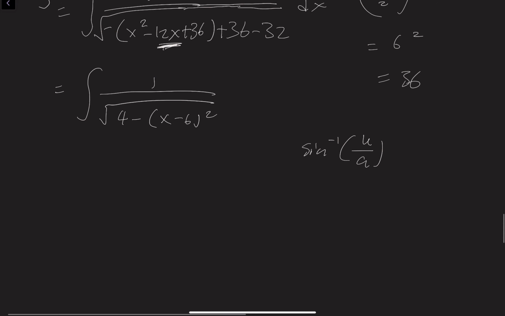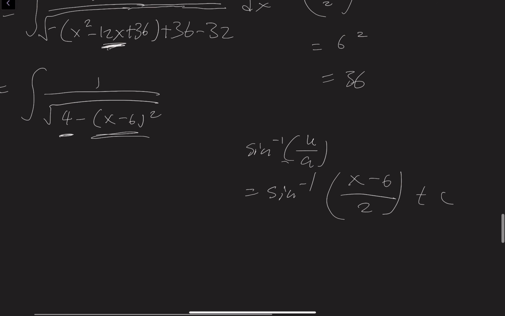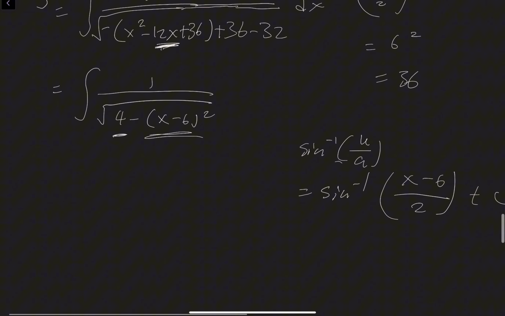But let's just use it first and then solve using the u substitution. So arc sine of u, where u is this whole thing inside the parentheses squared. So that's x minus 6. A is this value. However, it's the square root of this value. So that's square root of 4 equals 2, plus c. That is our value. But let's use u substitution for this.